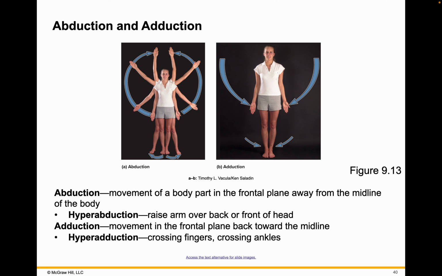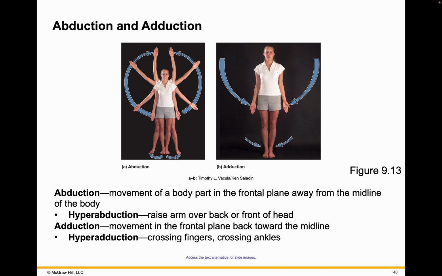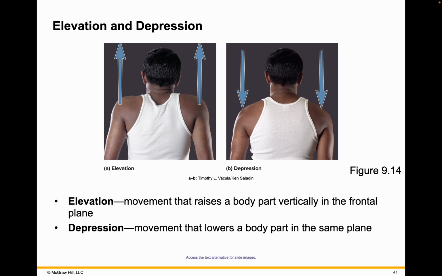Abduction is the movement of a body part in the frontal plane away from the midline of the body. Hyperabduction is raising your arms over your back or front of your head. Adduction is the movement in the frontal plane towards the midline. Hyperadduction is like crossing your fingers or crossing your ankles.